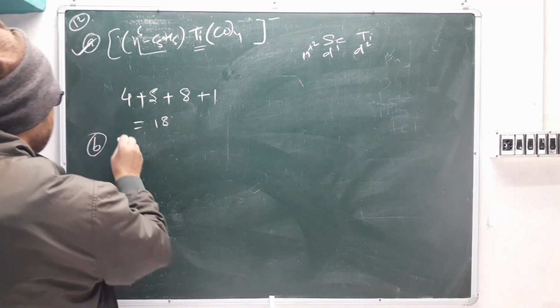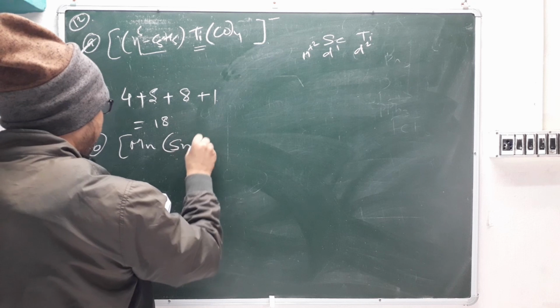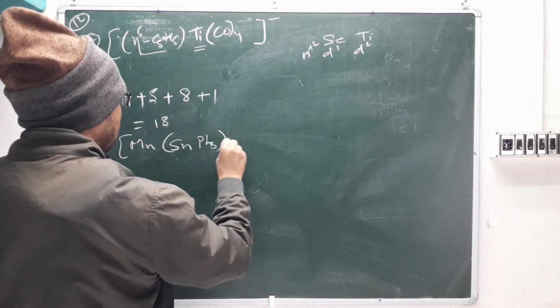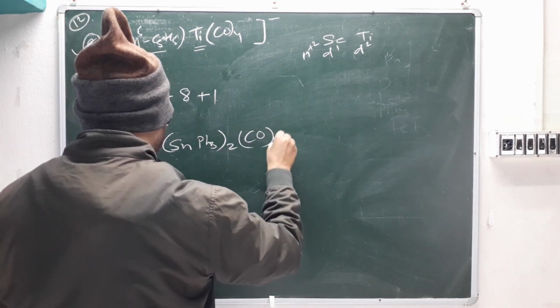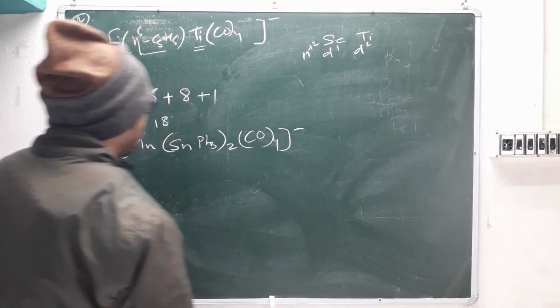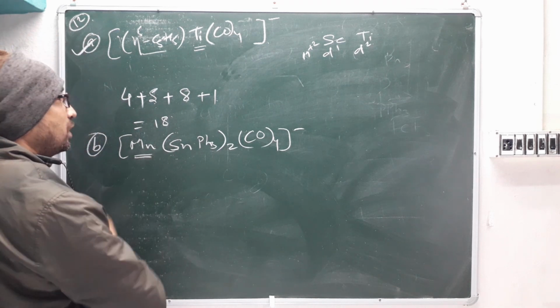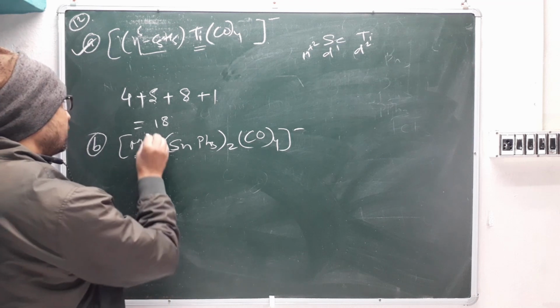So for option B, we take manganese, then SnPH3 twice, and then carbonyl 4 times, and here also it is minus. Let me see. For manganese, the metal is in +2 state, so it will be D5, and overall it will be D7.